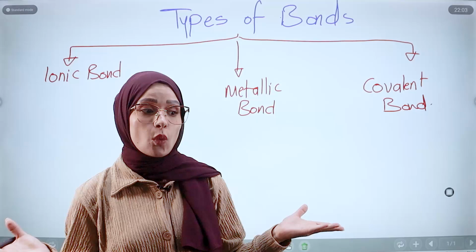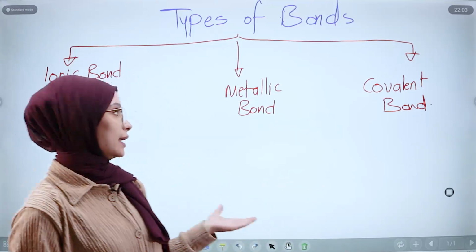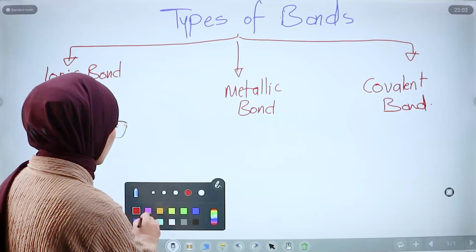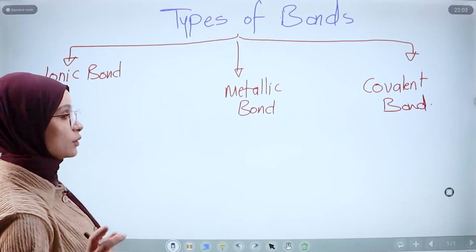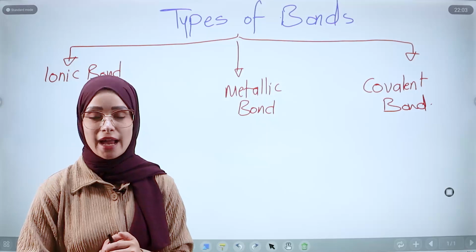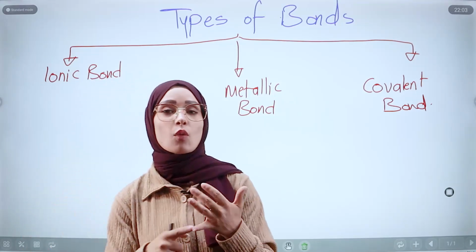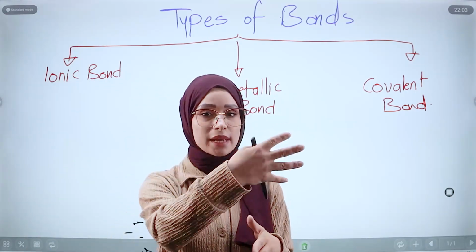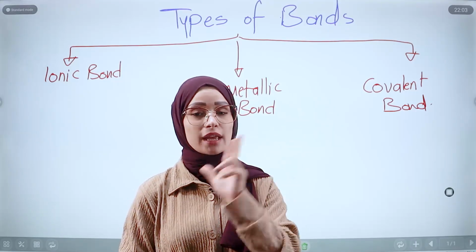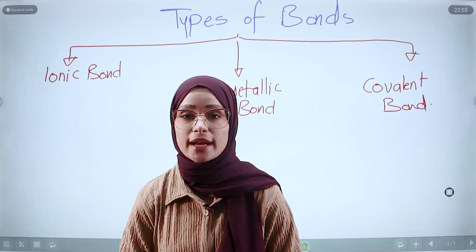When we say ionic bond, it's so easy. When a metal combines with a non-metal, I mean elements in group number 1, 2, 3 with elements in group 5, 6, and 7, they make an ionic bond.